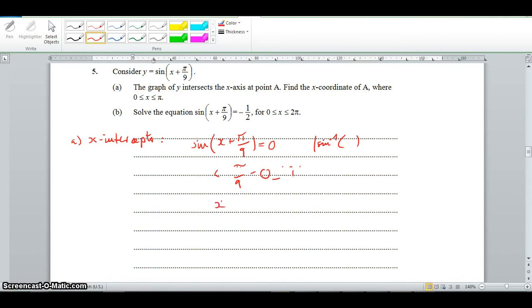So if I solve for x, plus minus k pi, and so x equals k pi minus pi over 9.